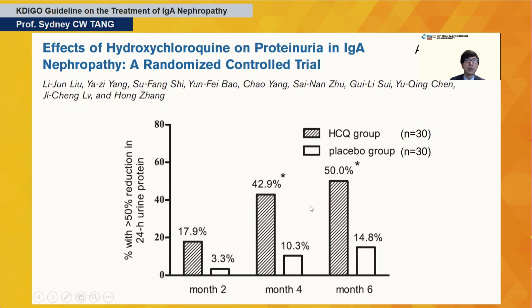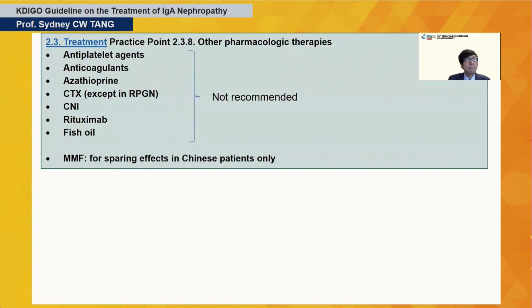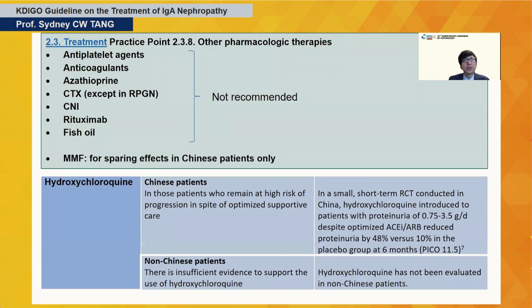And of course, this is a short-term study with low patient number, and therefore we would need to see more data on hydroxychloroquine. So in the guideline, you would see a paragraph on hydroxychloroquine on this study, and the recommendation was basically made in Chinese patients and not in non-Chinese patients.